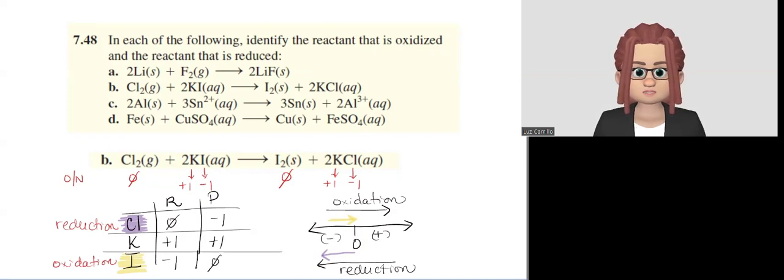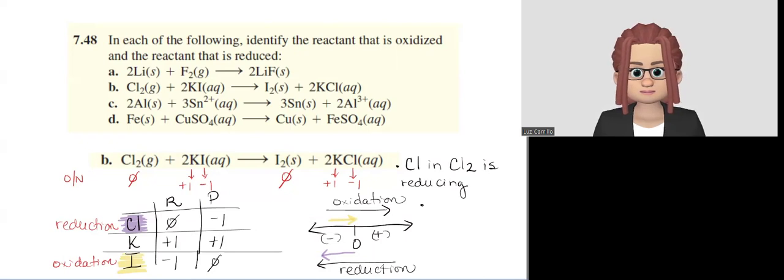So if I'm trying to verbalize oxidation and reduction, this is the way that I word it: Cl in Cl2 is reducing, and I in KI is oxidizing.